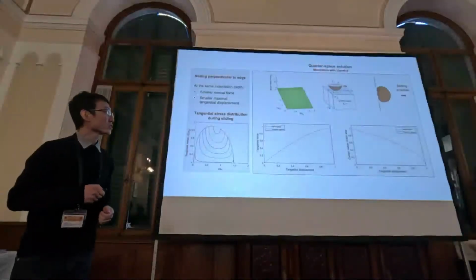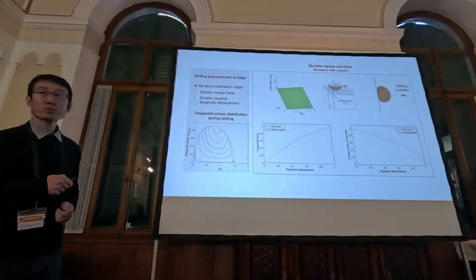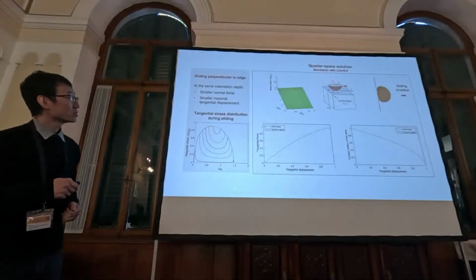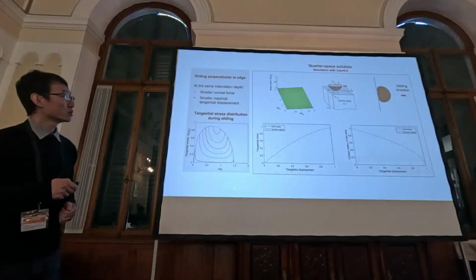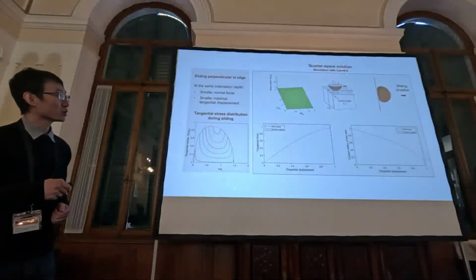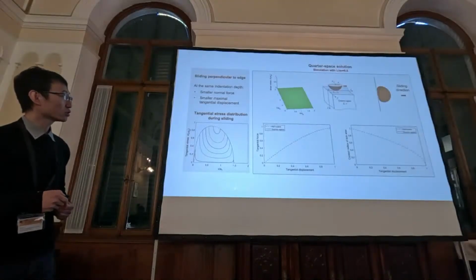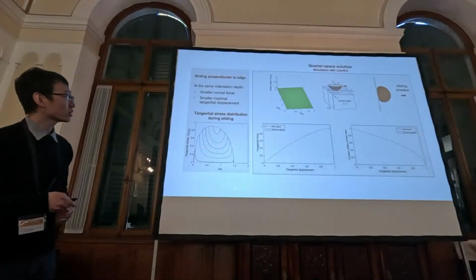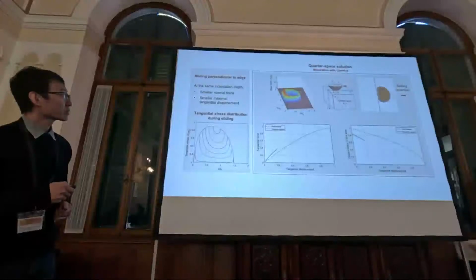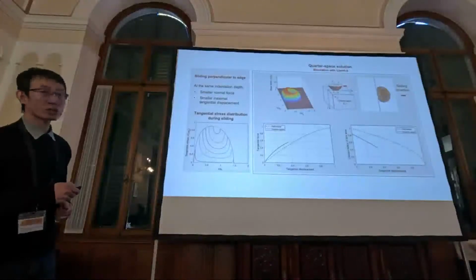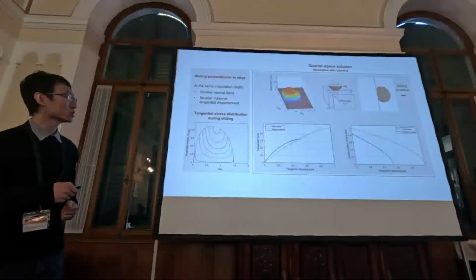Okay, now we consider the quarter space case. The distance is 0.5 times the Hertzian contact radius, and now it moves in this direction, perpendicular to the edge.